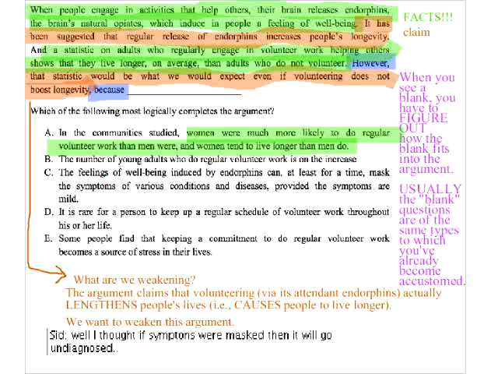The first is that if this were the case, you would expect an effect in which endorphins shorten your life. But the fact is that, even if volunteering does not boost longevity.